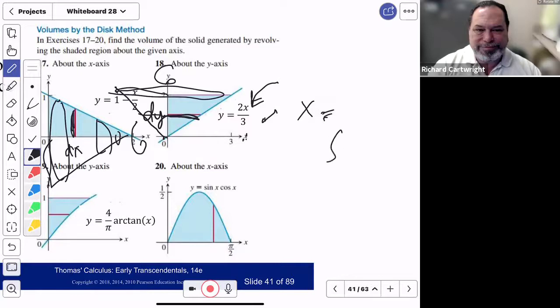solve for x, because that's going to be 3y over 2, dy. You got to solve this for x. So x is 3y over 2. So I'm integrating 3y over 2 minus 0.